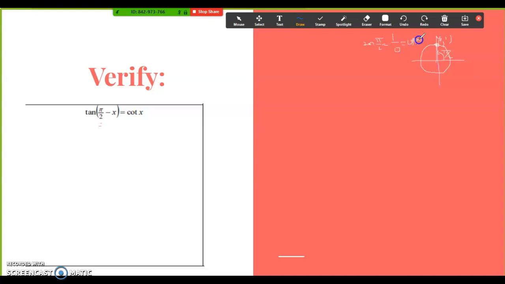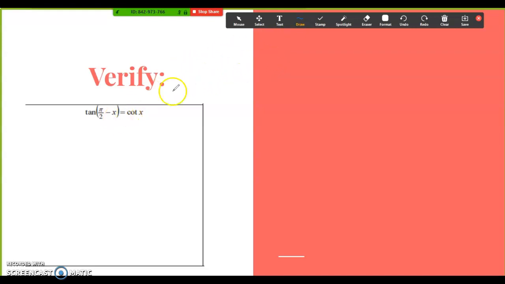So that means I can't use this expansion in order to verify that it equals cotangent, because the tangent of pi over 2 is undefined. So I have to rewrite this a different way in the beginning. I know that tangent is just sine of theta over cosine of theta.